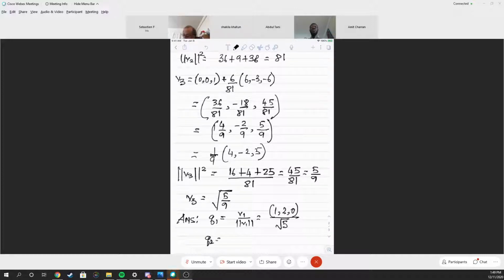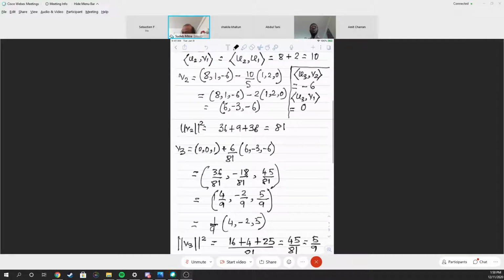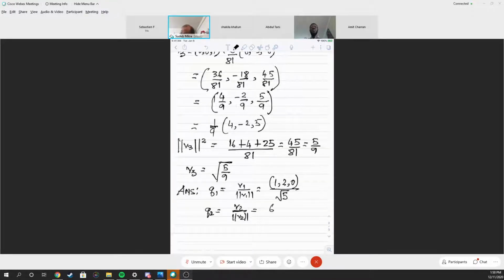Q2 is V2 upon norm of V2, and norm of V2 is 9. And V2 is (6, -3, -6) upon 9. I can write this as (2, -1, -2) times 1/3.